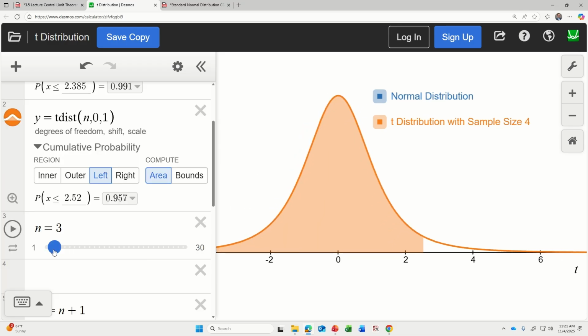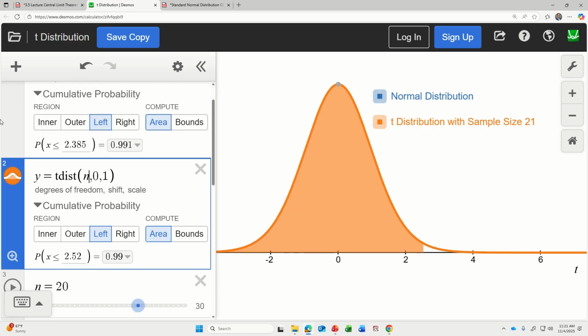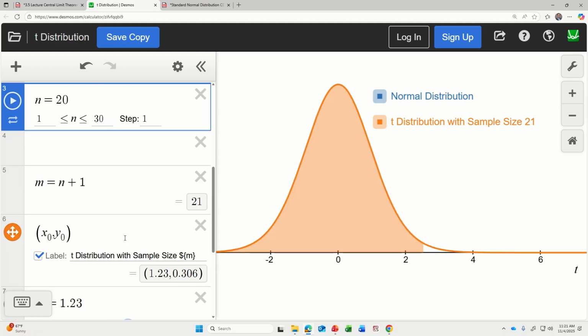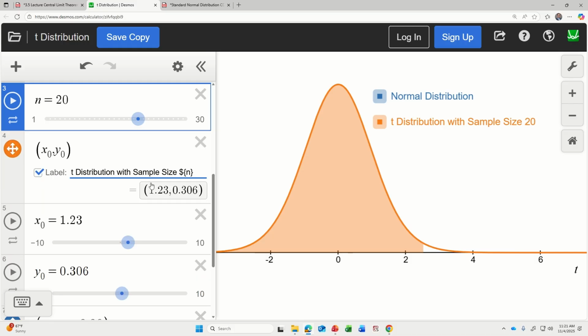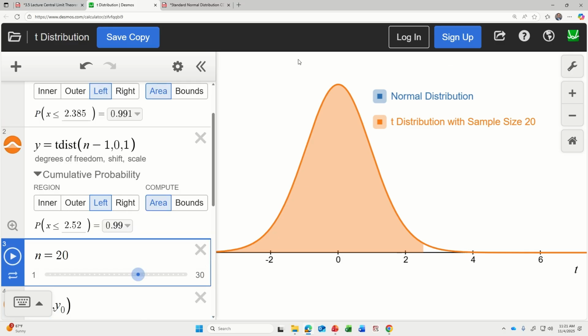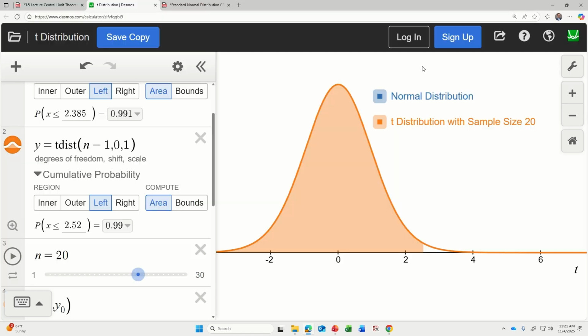And this depends on the sample size. Our sample size is 20. Let me fix my little Desmos real quick. Okay, I guess I can't fix it.